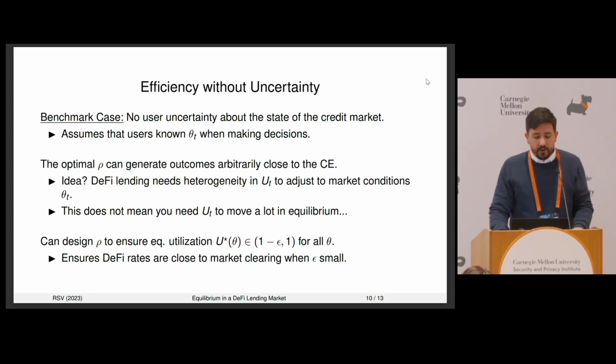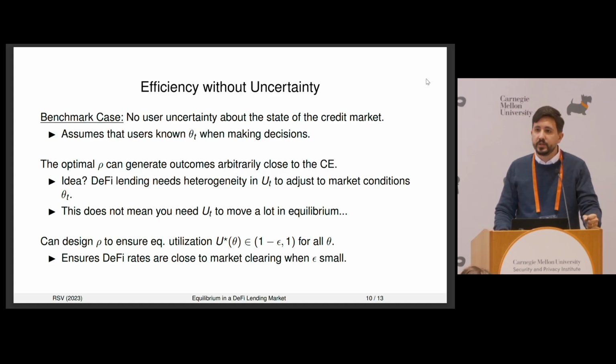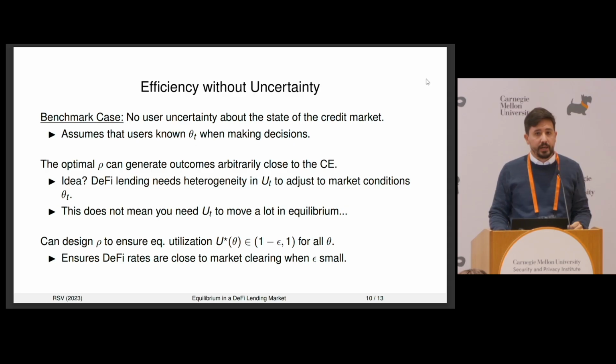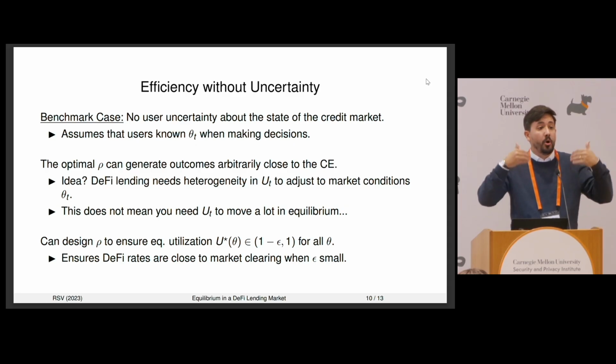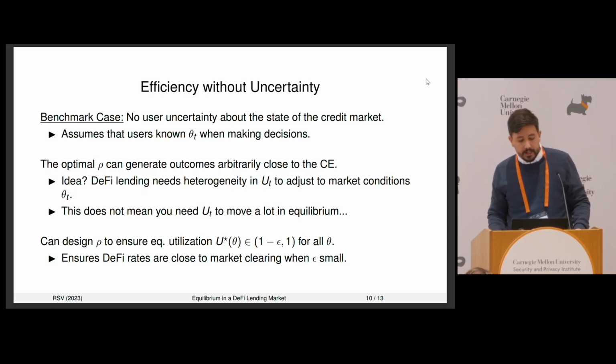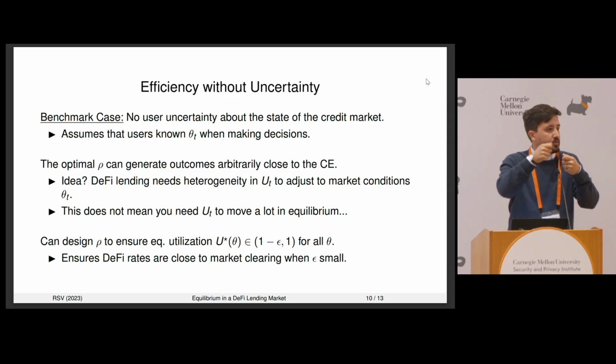Okay, now, I talked about the inefficiencies that are embedded when using this smart contract protocol. And I was saying that when the users have good information about the state of the credit market, these inefficiencies can be overcome. Okay, so how are we going to do this? So the idea here is if we want our interest rates to be responsive to credit market conditions, we need heterogeneity. We need variance in the utilization rate across time.